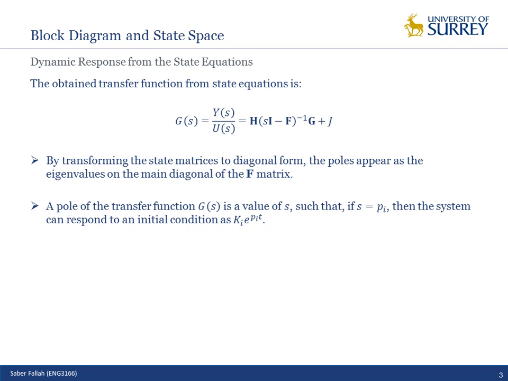If there is no external force for the free response, the response of the system will be Ki e to the power minus Pi t or plus Pi t, depending on whether you define Pi as positive or negative. So we know that the response of the first order system, if I don't have any external forces, will be Ki e to the power Pi t.